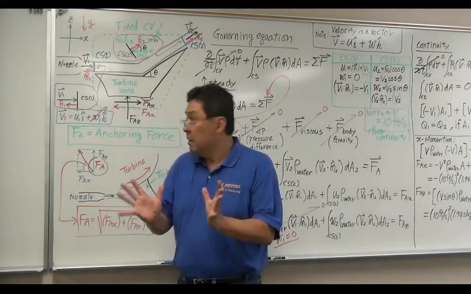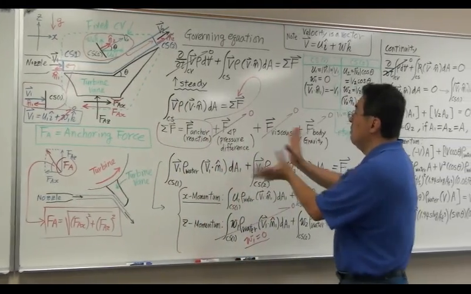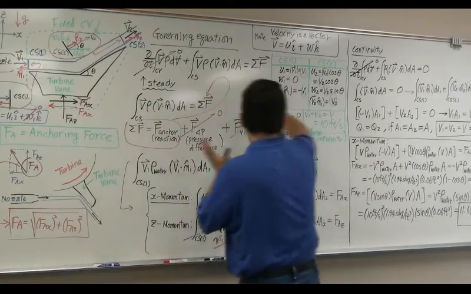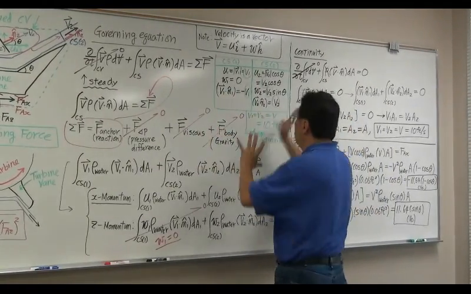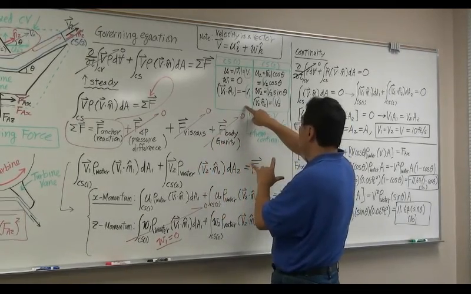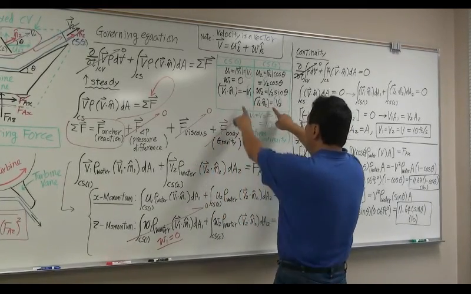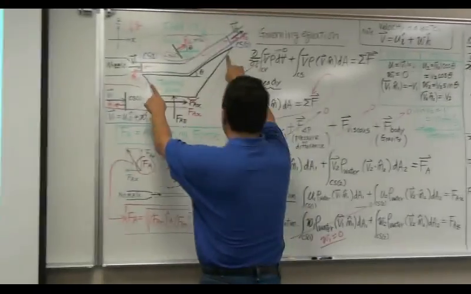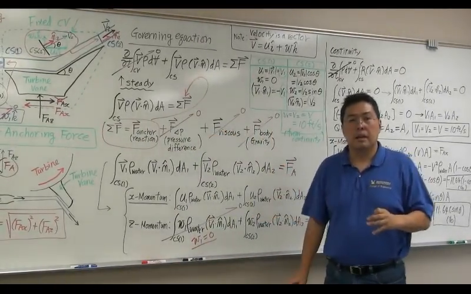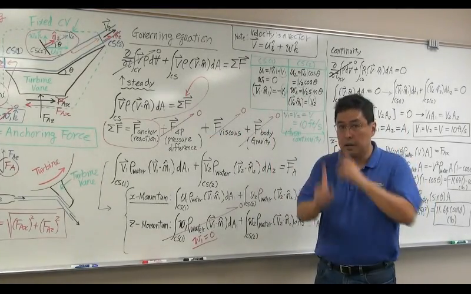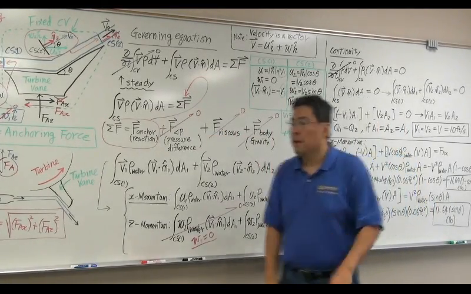You have to spend some time, apply this equation and oftentimes continuity on every single detail, especially paying special attention to the condition of each control surface, what's going on. It's really easy to make a small mistake and screw up your solution. So let's be very, very, very careful. Okay? Let's stop here.